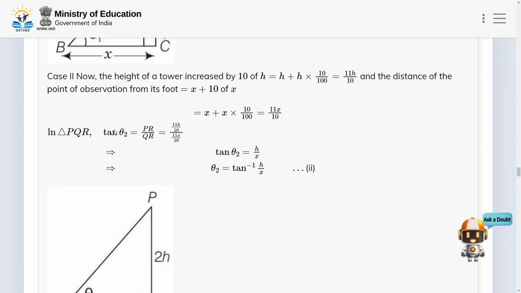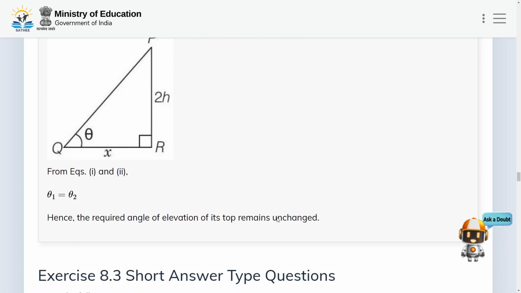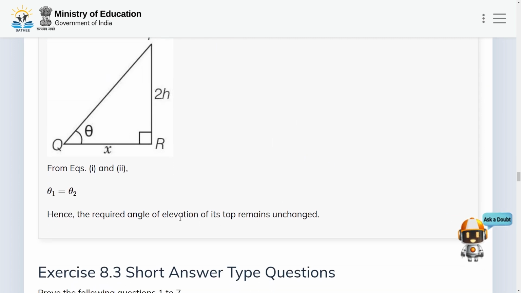It implies tan theta 2 is equal to 11h by 10 divided by 11x by 10, which implies tan theta 2 is equal to h by x, and theta 2 is equal to tan inverse h by x. Naming this equation number 2, from equation 1 and 2 it implies theta 1 is equal to theta 2. Hence the required angle of elevation of its top remains unchanged.